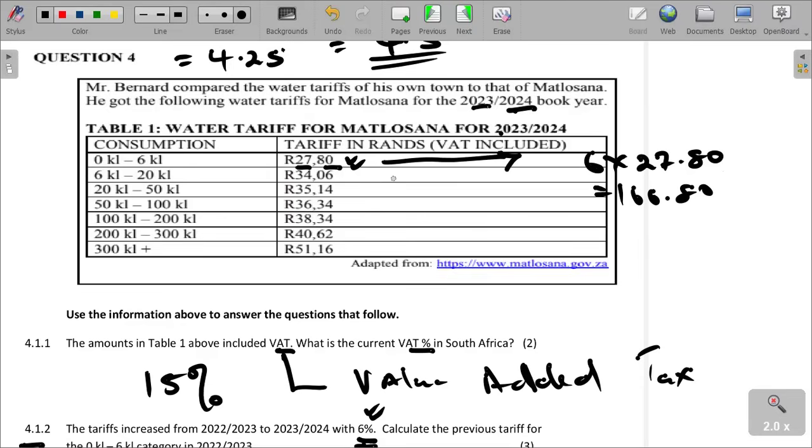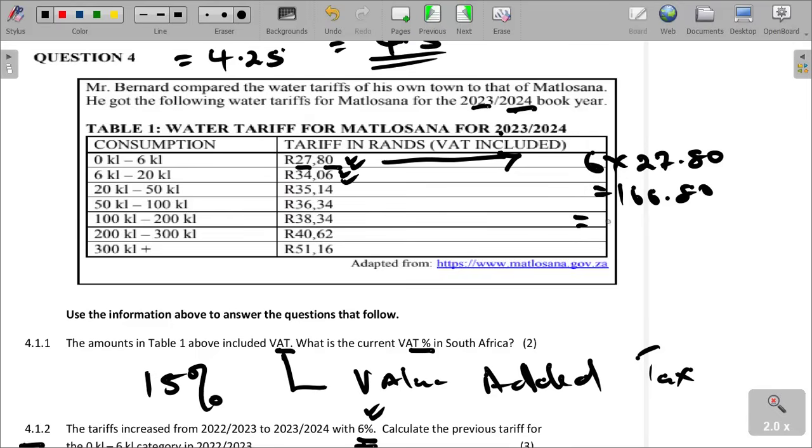So now 6 to 18 liters is under the category of 6 to 18, which is 34 rand 6 cents, 34.6 rand.